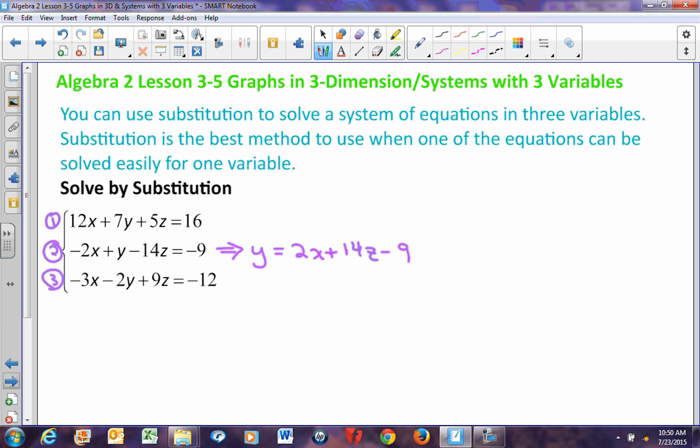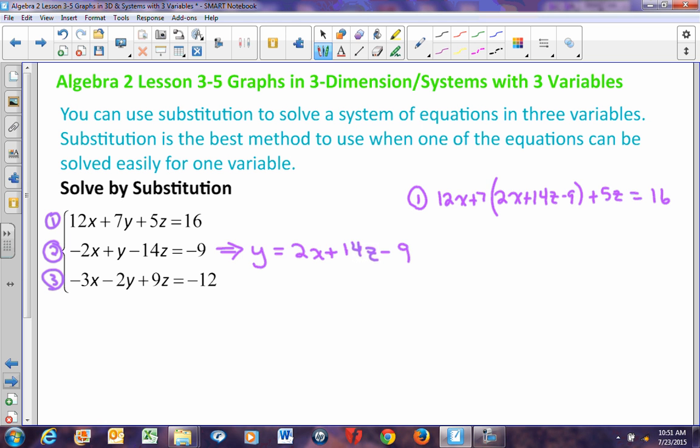Now I can substitute that into equation 1. So equation 1 says 12x plus 7 times y, which is now 2x plus 14z minus 9, plus 5z equals 16.